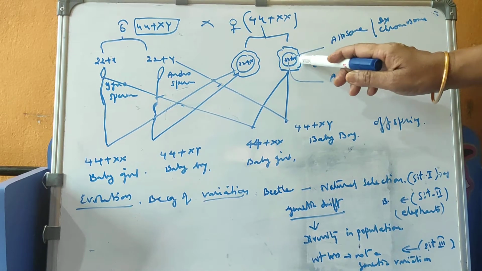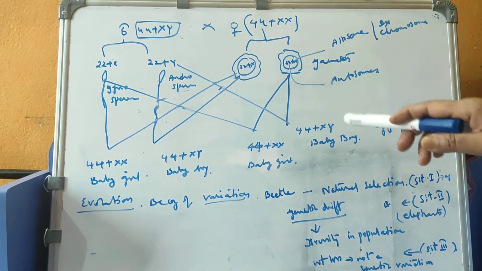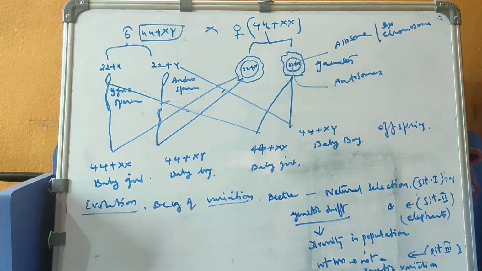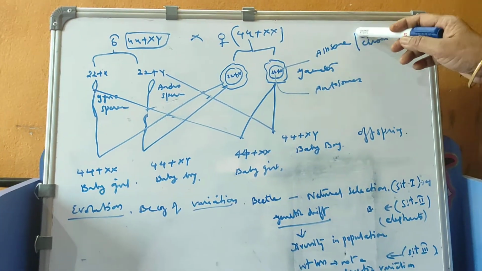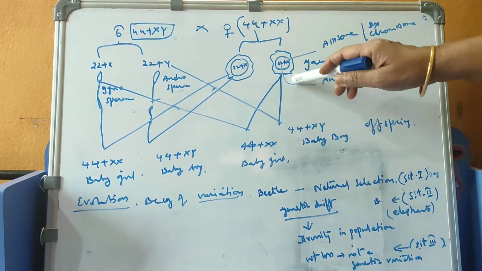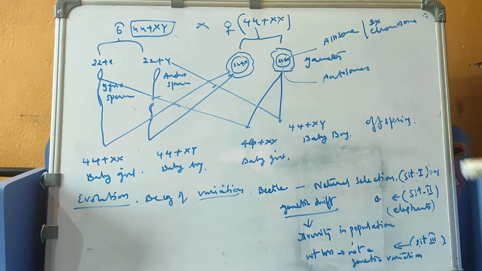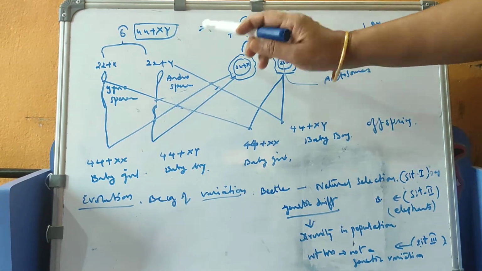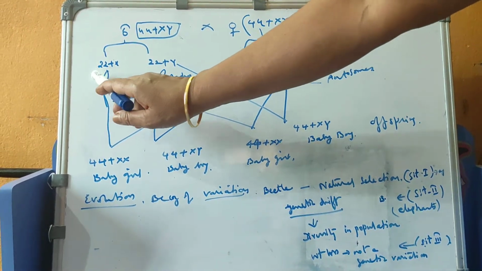This is called allosome, and these are the gametes in fact, and these are the autosomes. Allosome is nothing but the sex carrying gene, otherwise called sex chromosomes, and these are 22 pairs of autosomes. After the fusion of male and female, this is gynosperm.